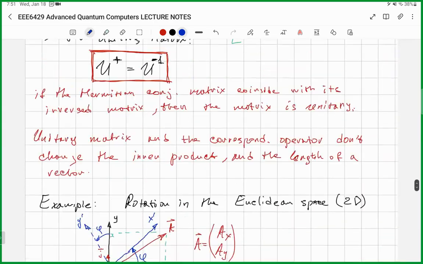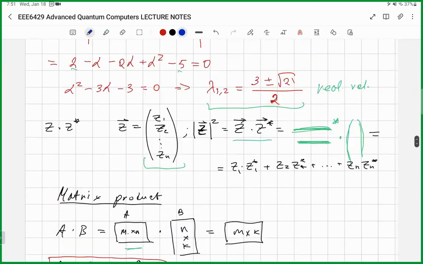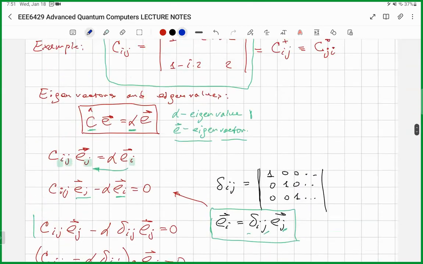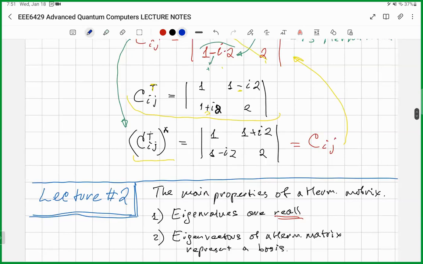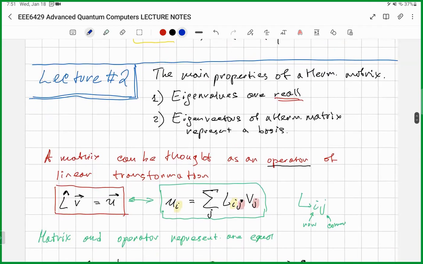Again, let me briefly recap what we learned today. So first of all, any matrix corresponds to some sort of operator in a linear space.